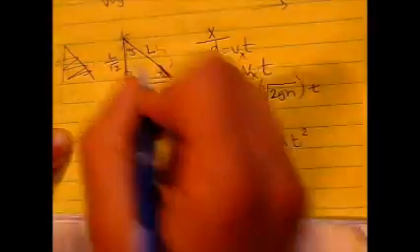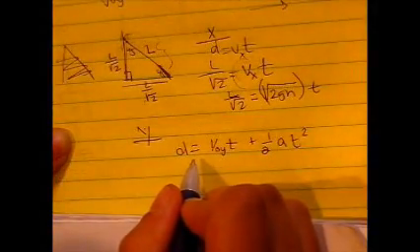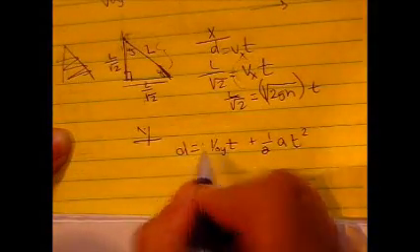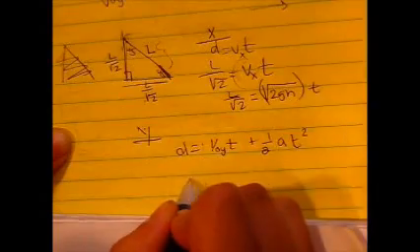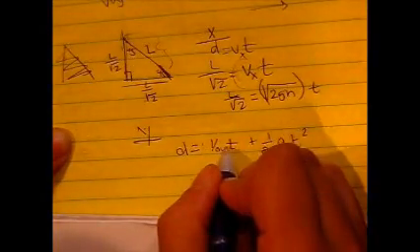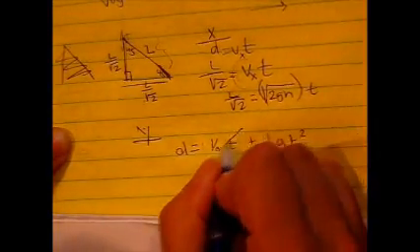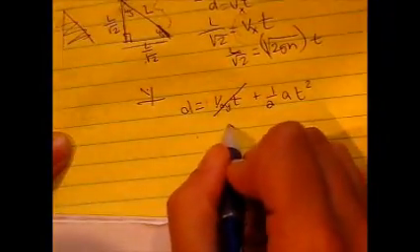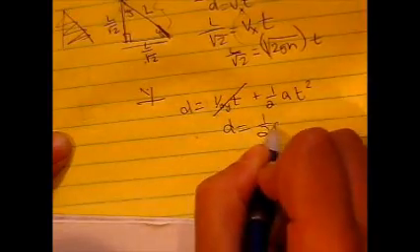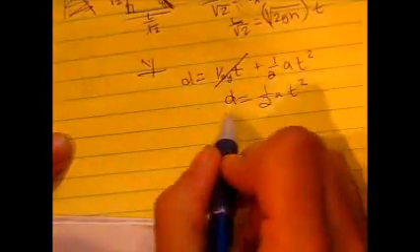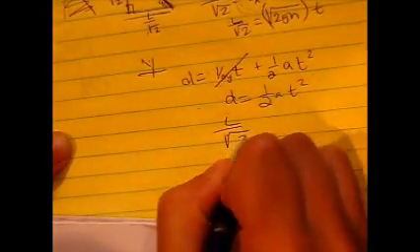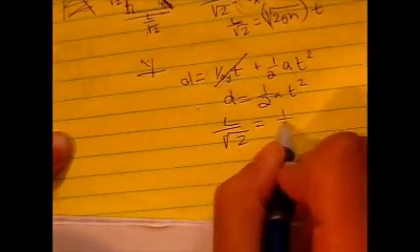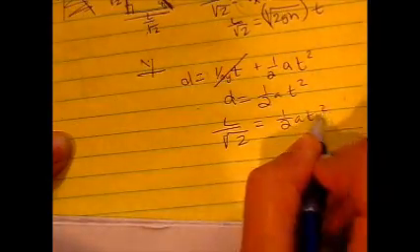There is no initial height. We're just going to start from 0. There's also no velocity in the y direction. It's purely horizontal. And so we're left with distance equals 1/2 a t squared. And the distance we already know is L over rad 2, which equals 1/2 a t squared.